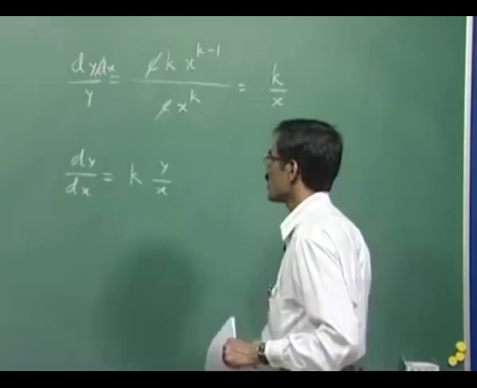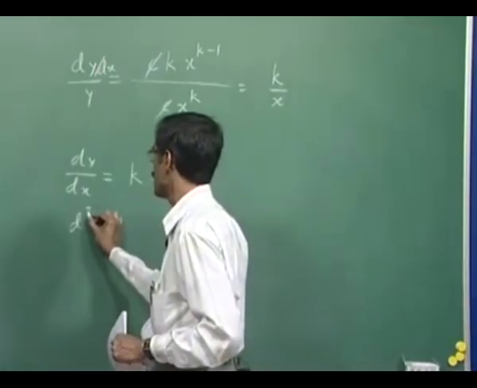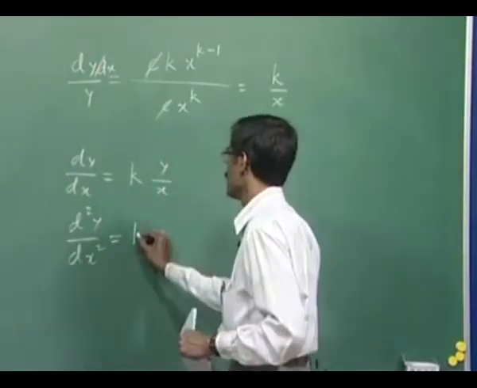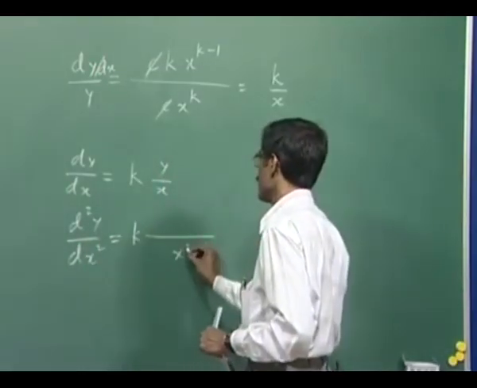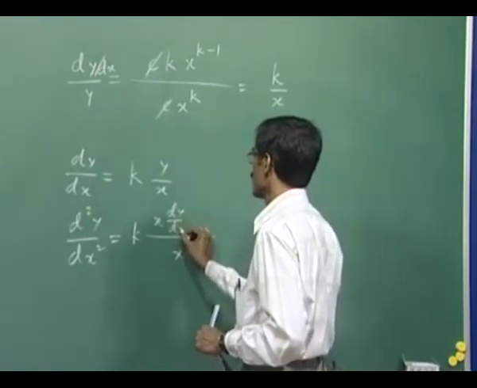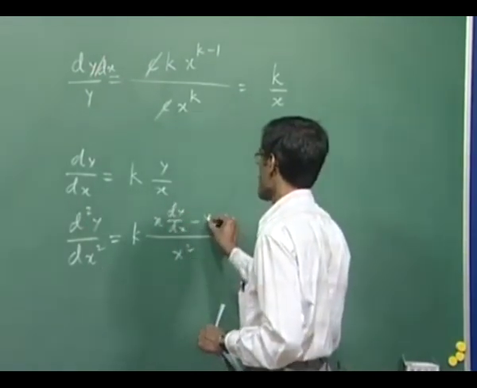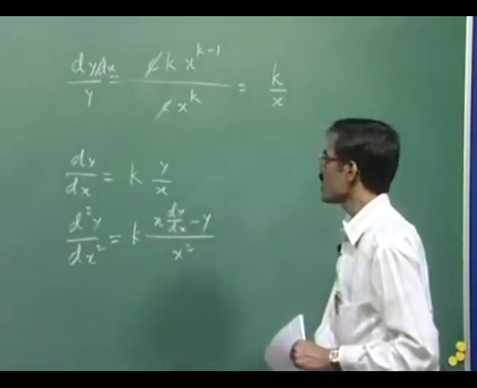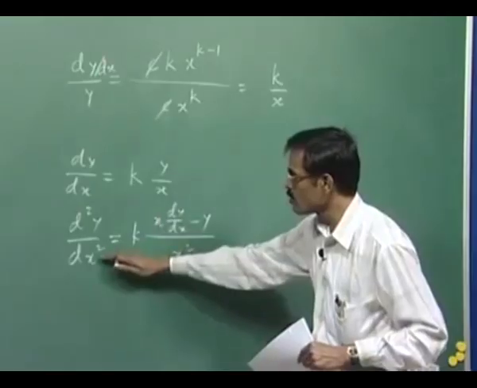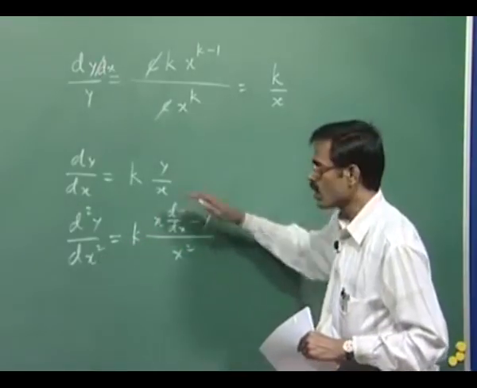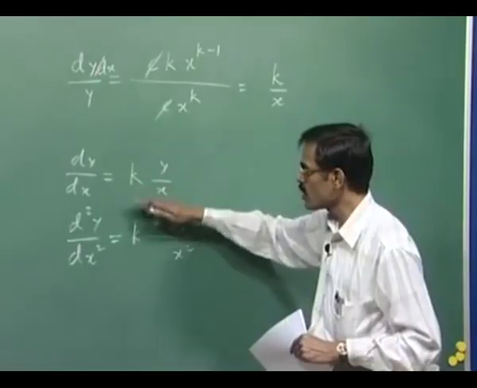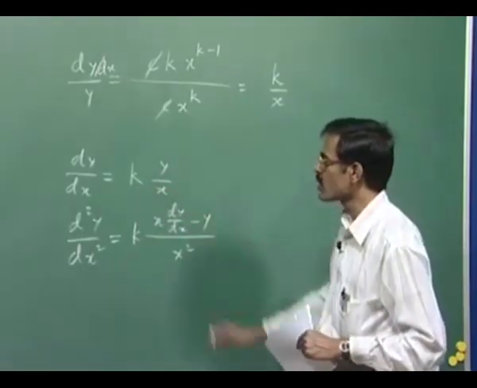Now, as you differentiate this, you will find that you get this. Now, again you will find that dy by dx has k into something and d2y by dx square has k into something else. Now, if you divide these two, c has got eliminated already. On dividing these two, you will find that k also gets eliminated.